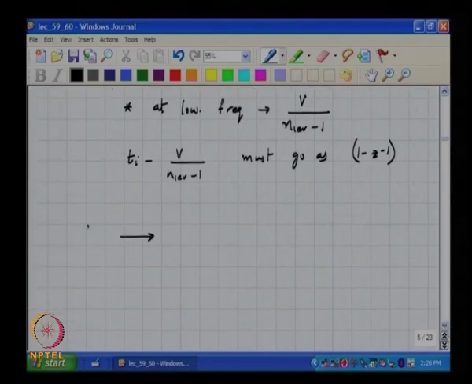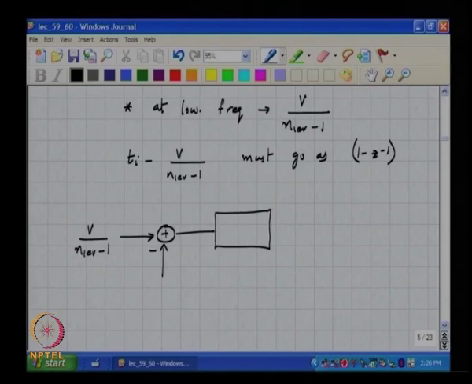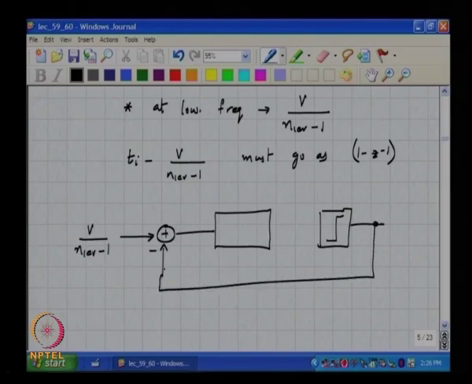So, this is V by n level minus 1, correct, and then if I want 1 minus Z inverse, I need a 2 level sequence, right. So, you take the 2 level sequence, you compare it with V by n level minus 1, you subtract the 2 and you integrate this at low frequencies and use that to drive the quantizer, correct.